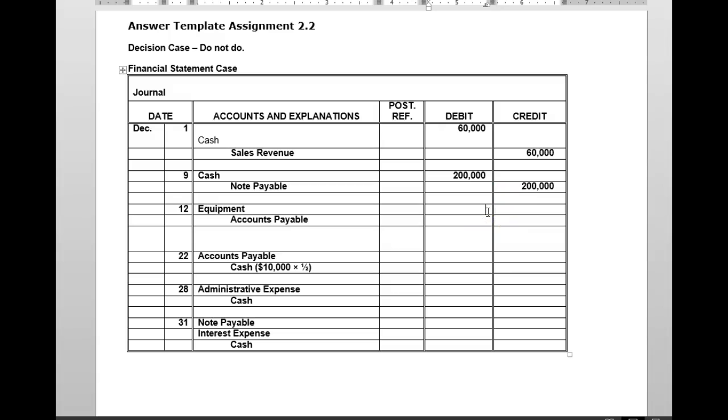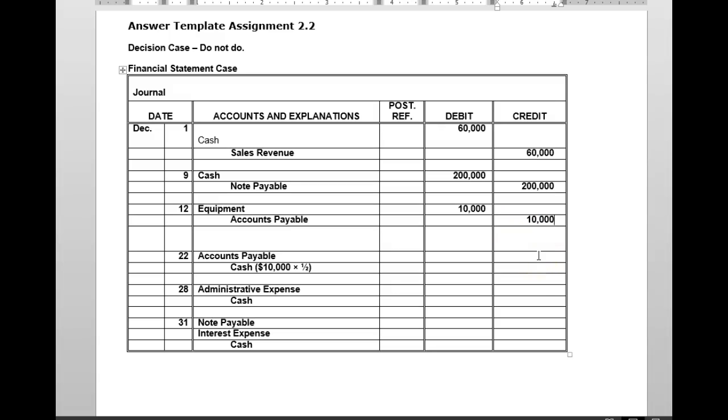How about number 12? I purchased equipment on account for $10,000. Okay, so I've got a new asset, so I have to increase that by $10,000, and I've created a liability because I have to pay for that. And that gets increased by crediting it for $10,000.